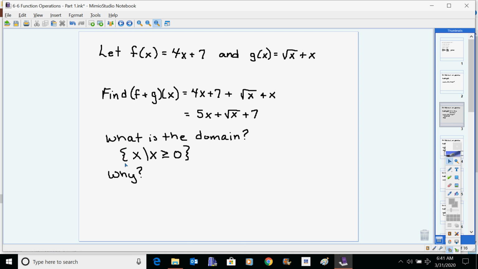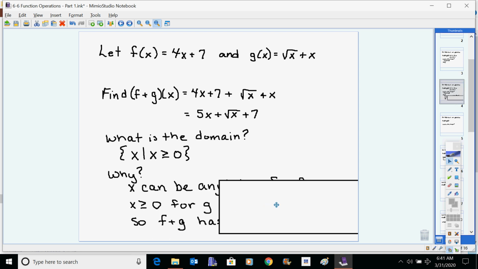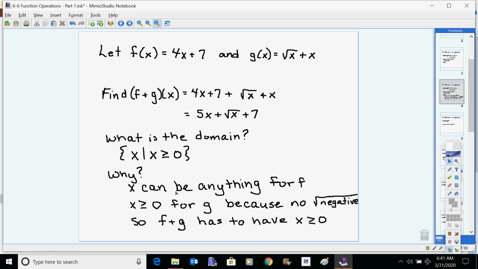So what I have here is a formalized way of saying that. This means the set of all values of x such that x is greater than or equal to 0. A very formalized way of just saying that the value of x has to be positive or 0. And as far as y, I just talked through all that, but sometimes it helps to write it down. So we've got this.